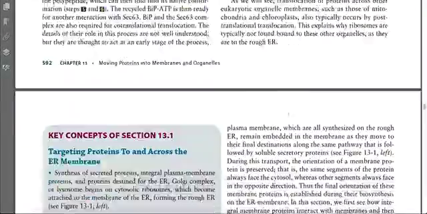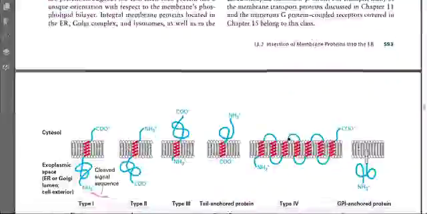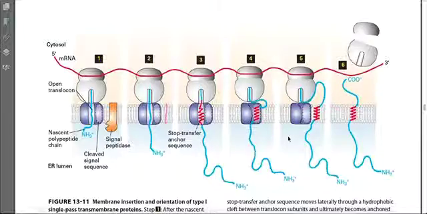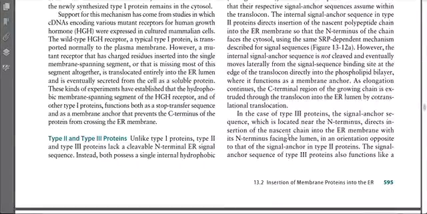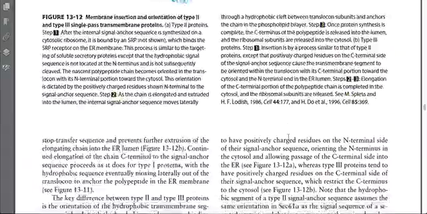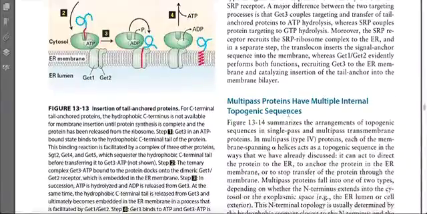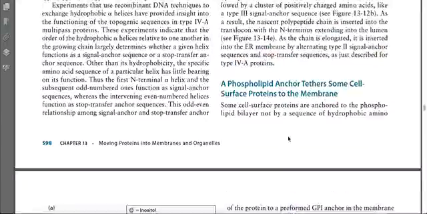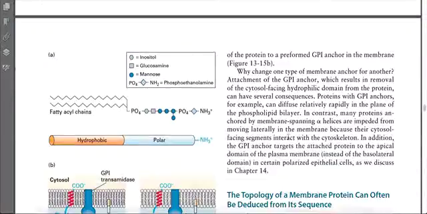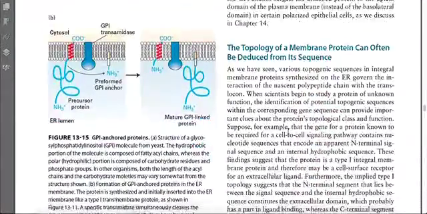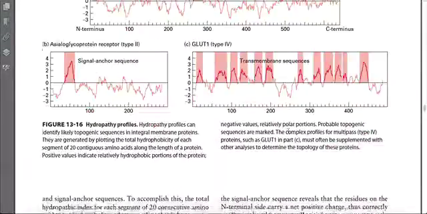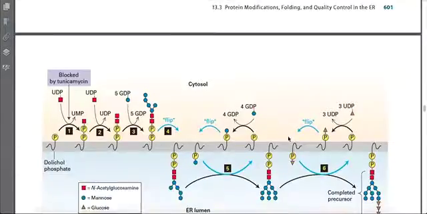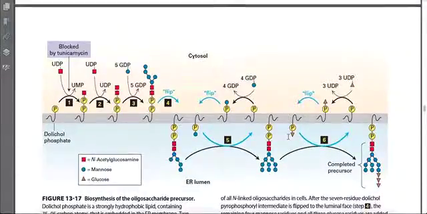Several kinds of residues are added: glucose residues, mannose residues, and N-acetyl glucosamine residues are added onto the protein, especially on the asparagine residue near the N-terminus. I'm skipping a few of the contents because I thought this glycosylation part is quite important for you, and I can discuss further how it happens.